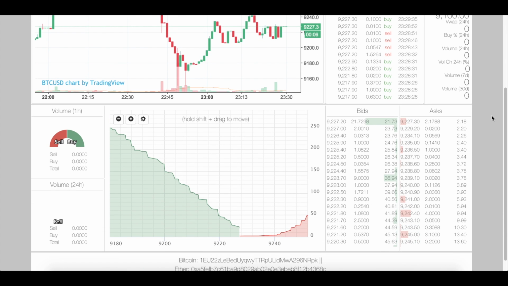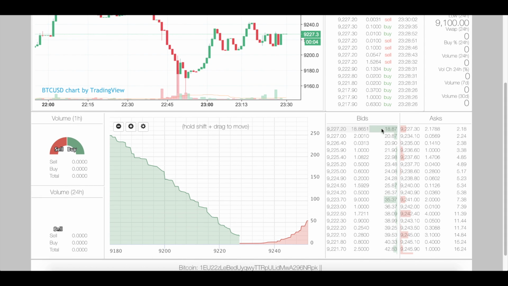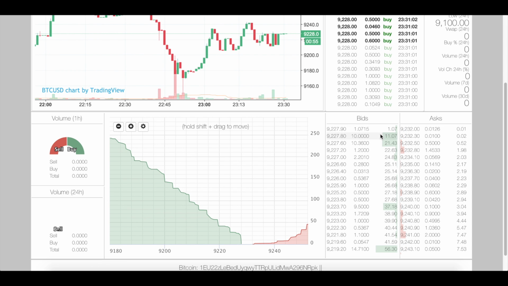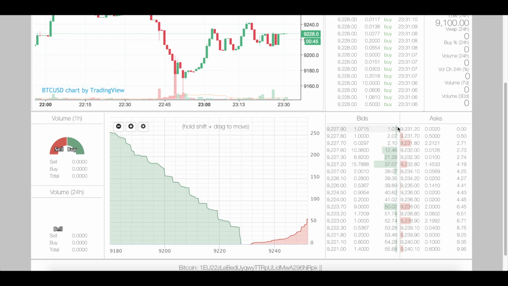So here it looks like we have stronger demand than supply. And again, I've said this before, but you can more or less ignore the order book below the most current price, because that could be spoofing. I'm just interested in the most current prices.